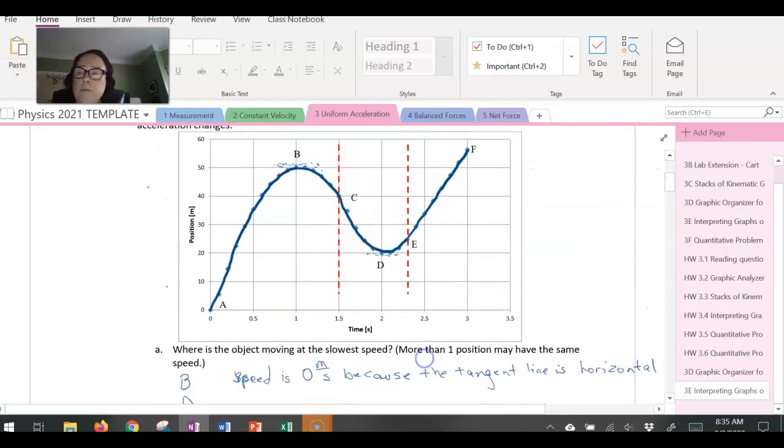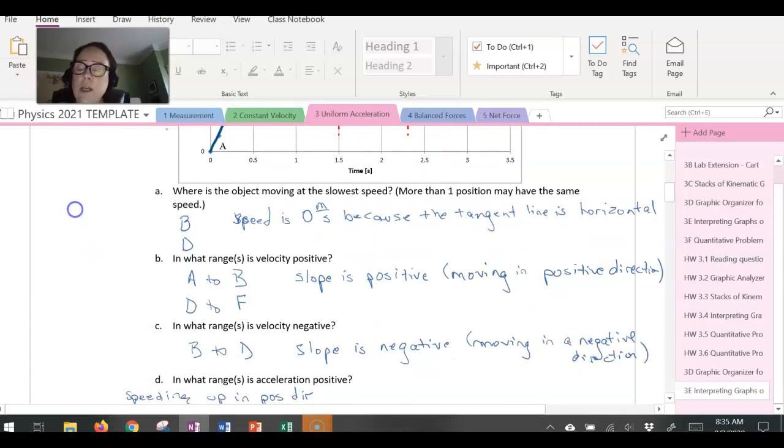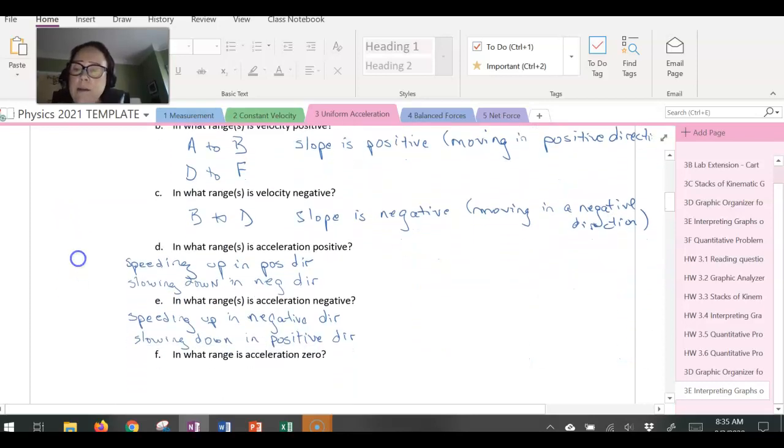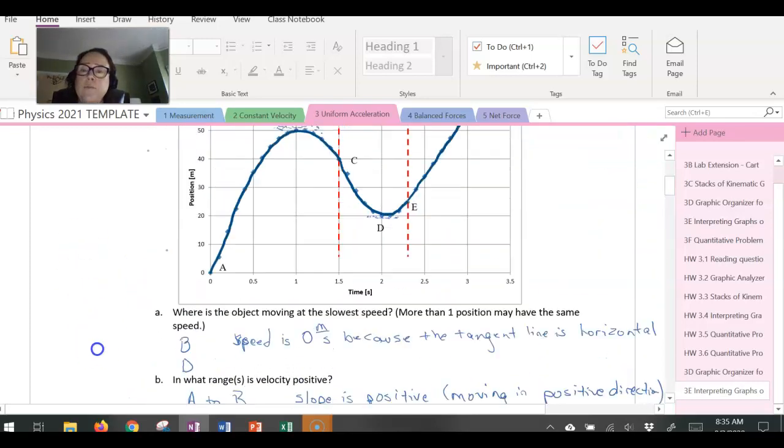So I'm going to go back up here. From A to B, it's moving in the positive direction and it's slowing down. So from A to B, we have a slowing down in the positive direction. So that must mean that acceleration is negative in that part of the graph.